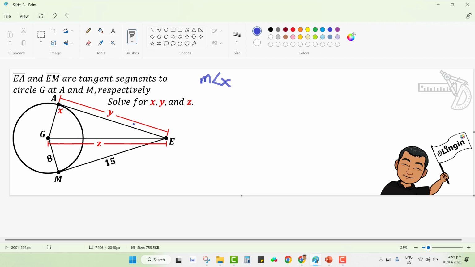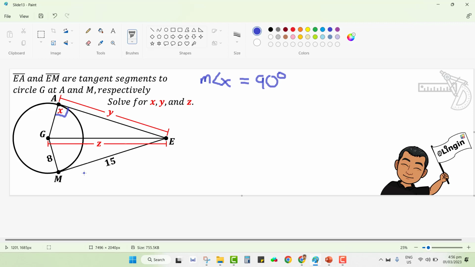But the point here is when a tangent segment and a radius, or a diameter in terms of a chord, intersect at the point of tangency, the measurement of the angle formed is automatically 90 degrees. Again, automatically 90 degrees. That would mean this is a 90-degree angle. That's the measurement of angle X.